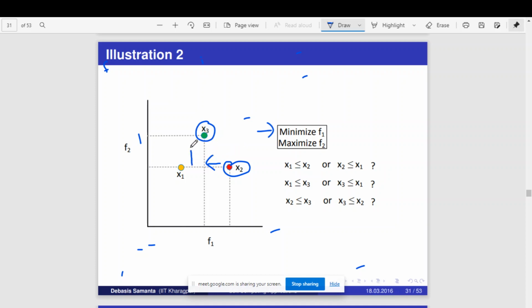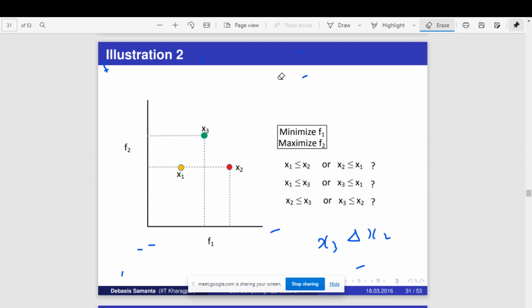With respect to f2, is x3 better than x2? So both conditions are satisfied, right? So obviously you can say x3 dominates x2. Are you getting? x3 dominating x2. Okay. What about x1 and x2?